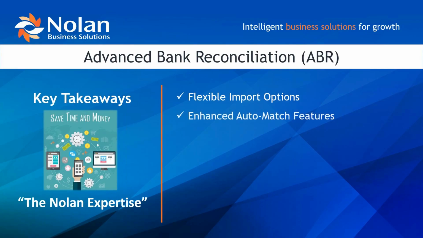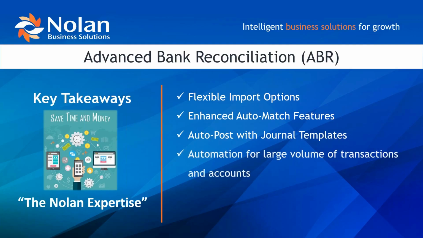We offer a number of enhanced auto matching features that perhaps resonated with you today. We can help you auto post transactions with journal templates, anything from simple journals to advanced intercompany journals, also customer payments. We have the ability to handle large volume of transactions and multiple bank accounts with our automated tools.